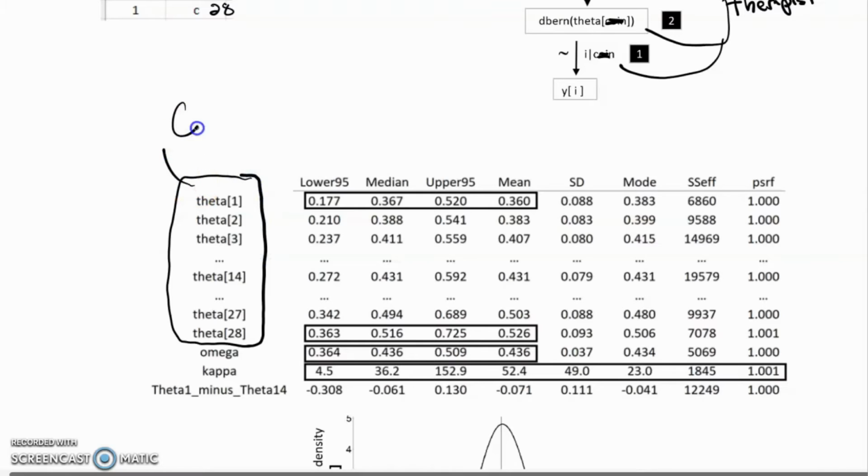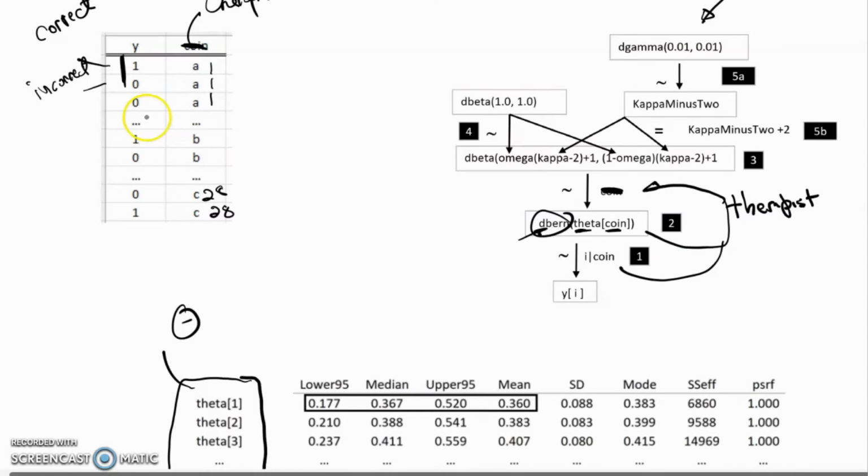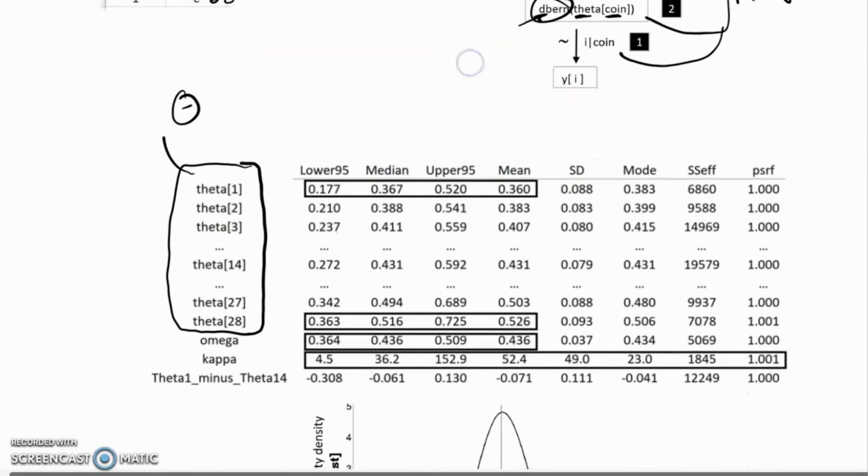So these are our values of theta. What do they represent? If we come back here, there's theta for therapist. It's the parameter of the Bernoulli distribution from which the ones and zeros were randomly obtained. And these values, as we're going to see, may be of some interest.